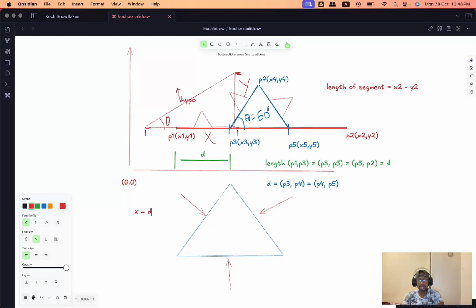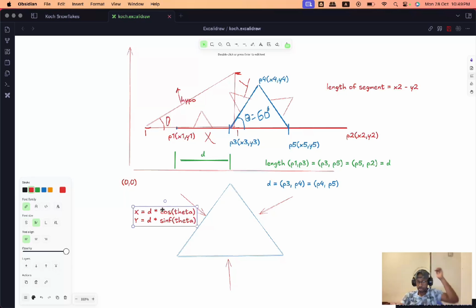Capital X will be d times the cosine of that angle theta, and capital Y will be d times the sine of theta. Now we need to find the value for theta, the angle for this segment.